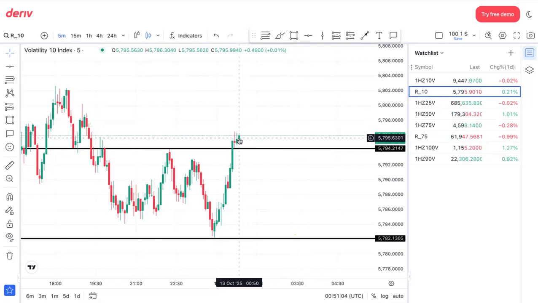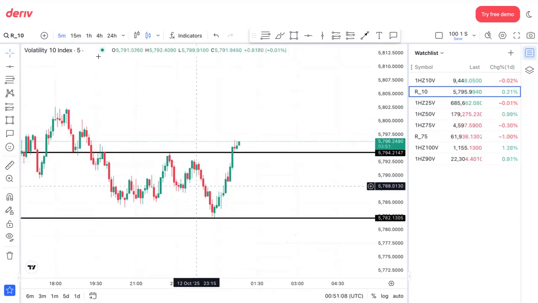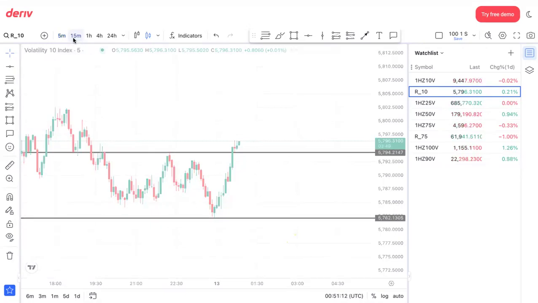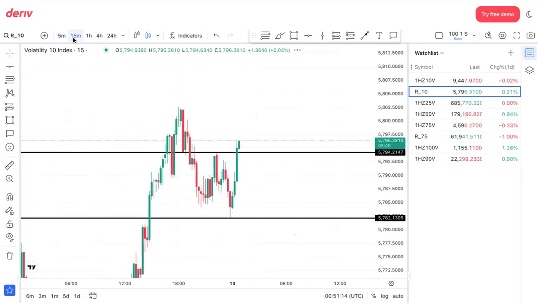We get our break and close candle right there. This is on my 5 minutes. Go up to my 15 minutes. And my stop loss, I give it room out of the consolidation. My stop loss is down at my previous support.